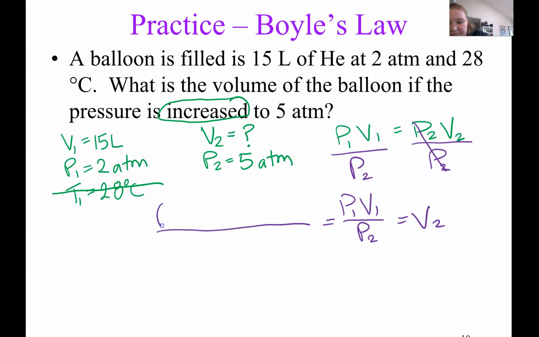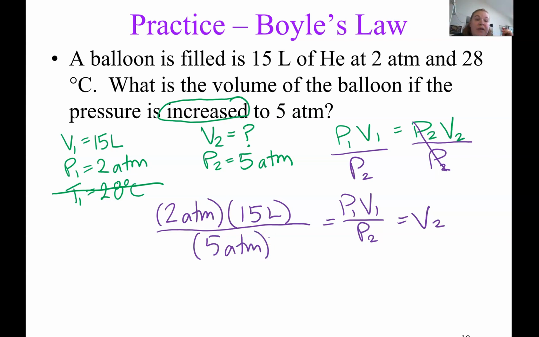So pressure 1, 2 atmospheres. Volume 1, 15 liters. Pressure 2 is 5 atmospheres. Now, we should be able to make a prediction about our volume. We know that the pressure was increased, and so because the pressure went up, our volume should go down.